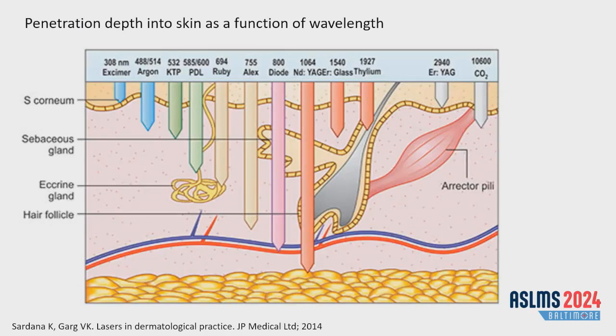How deep does electromagnetic energy penetrate into biological tissue? This graph gives you some ideas. Generally, the penetration increases when the wavelength increases from UV to near infrared, and it reaches its maximum at about 1 micron wavelength.